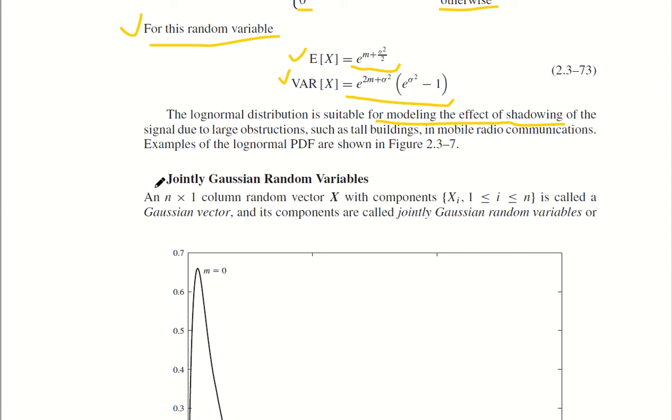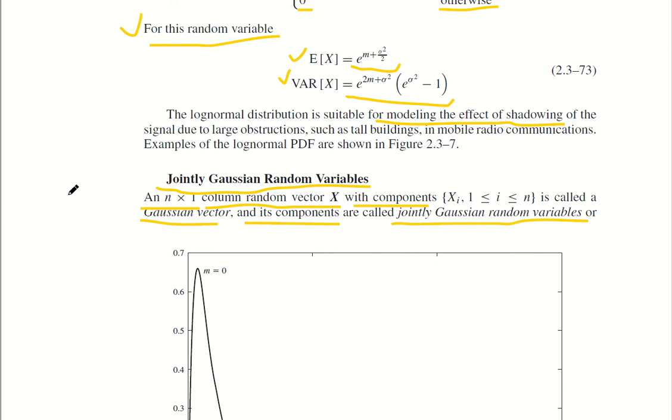Okay, so the next thing is the jointly Gaussian random variables. So we are going to talk about multiple Gaussian variables that are jointly Gaussian. An n by 1 column random vector with components xi is called a Gaussian vector, and its components are called jointly Gaussian random variables.